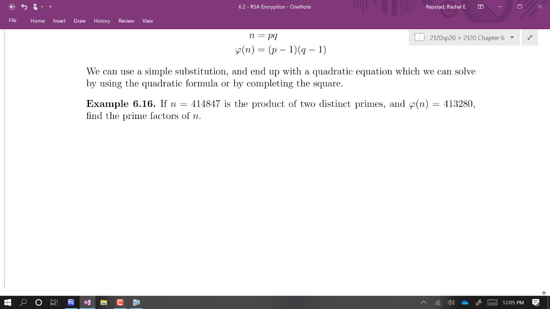So phi of n is 413,280. We know that this is p minus 1 times q minus 1.